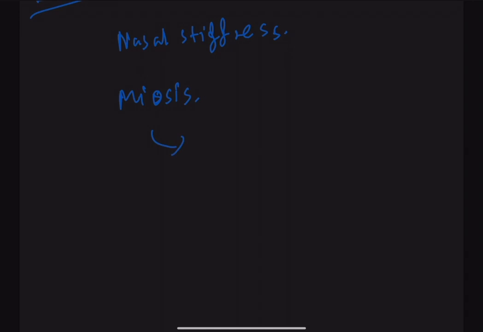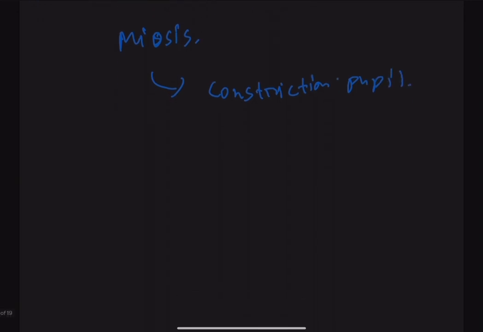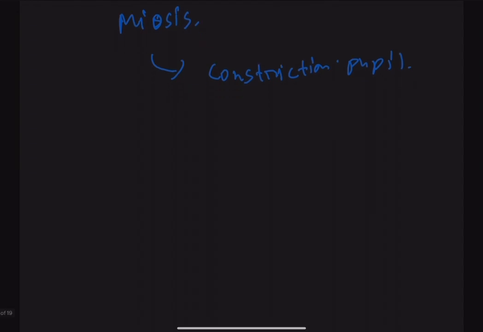When the alpha 1 receptor is blocked, then parasympathetic nervous system gets the upper hand, and it causes constriction of pupils by acting on the constrictor pupillae. Okay, so it causes miosis, and it also decreases the resistance to the flow of urine.